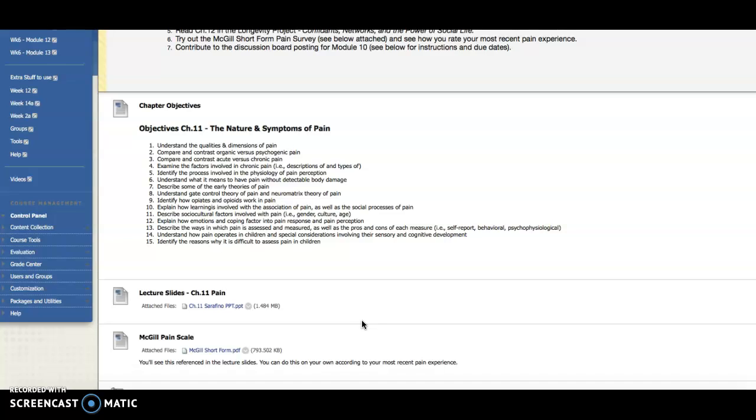And we're going to spend a lot more time in chronic pain than we will in acute pain, mainly because chronic pain is one of the most debilitating illnesses that people can have today. It is one of the top reasons for missed work or workers' comp, being out of work.